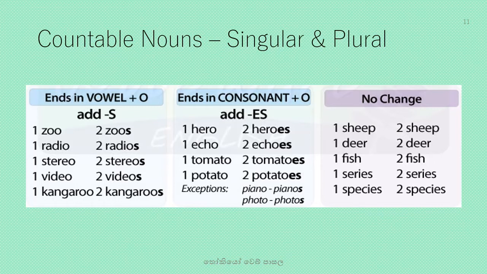So you need to have some understanding of these different classifications. Then if you come across any unfamiliar singular word, you can use these guidelines to convert it into plural form.